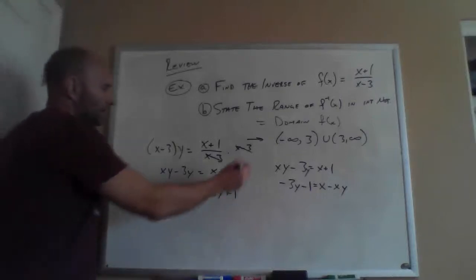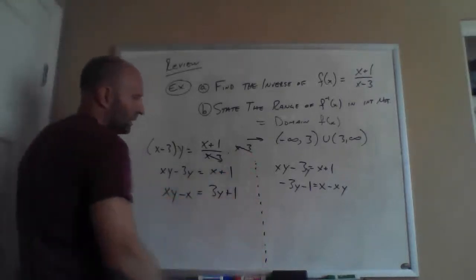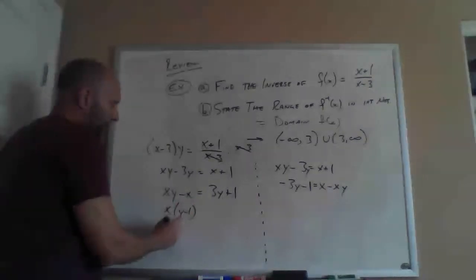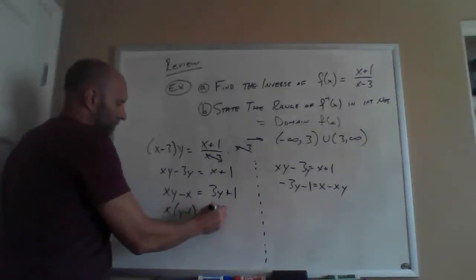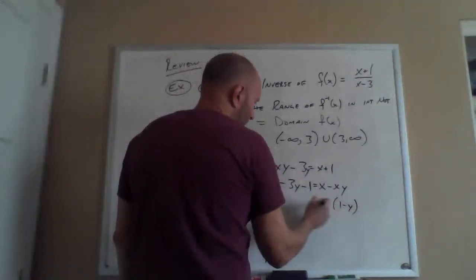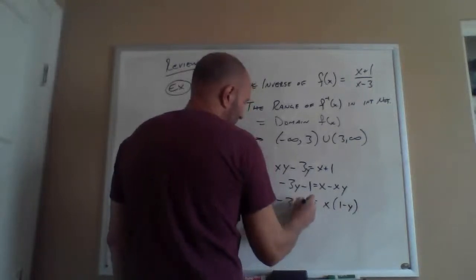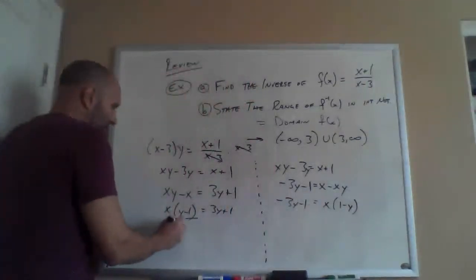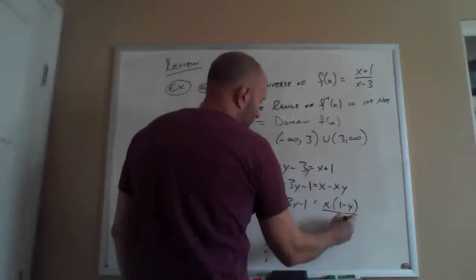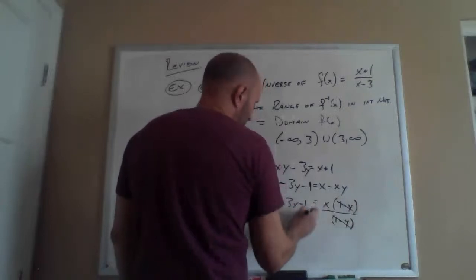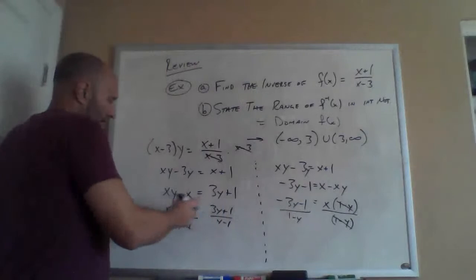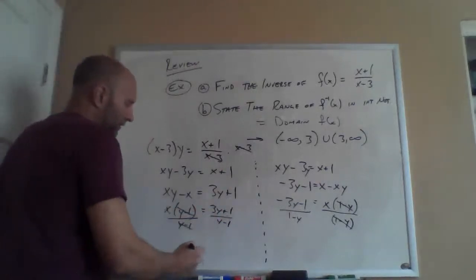Then what do we do? These are two separate ways to work this problem. We factor out an x, so you get x times y minus 1. Factor out an x over here, you get x times 1 minus y. It's going to be reversed. Then divide by the y minus 1, or here, divide by the 1 minus y. Now that we have x by itself, change all the x's and y's.